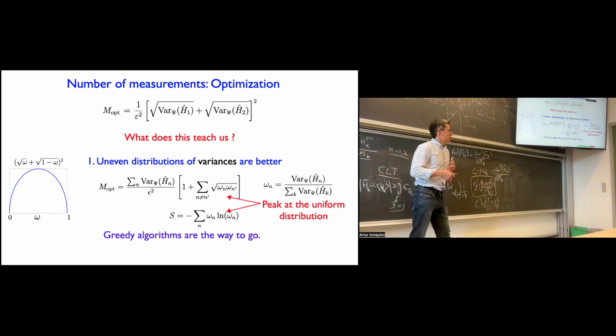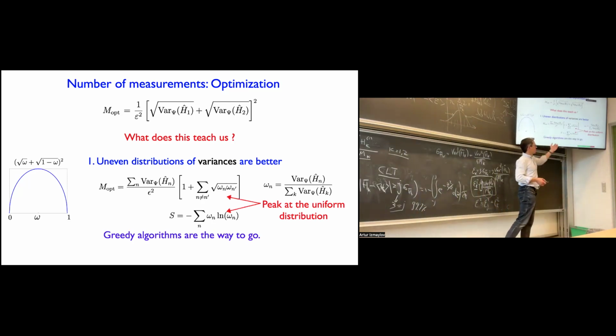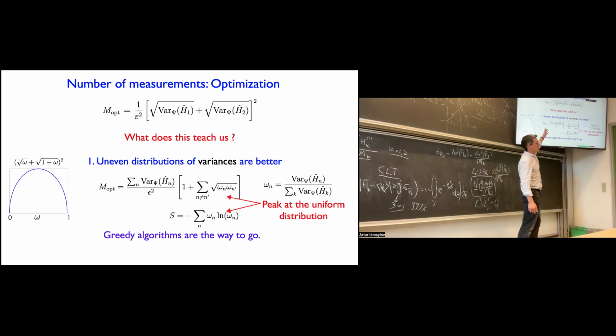And where I'm going with this is that if we apply greedy algorithms to select our fragments, empirically it makes sense based on this algebra that when you do the greedy algorithms, the first fragments are usually the biggest, and then it's getting smaller and smaller, and that is beneficial for the number of measurements, right?